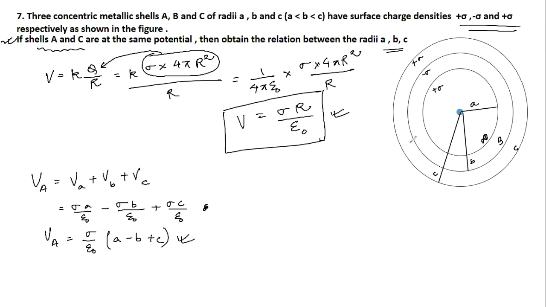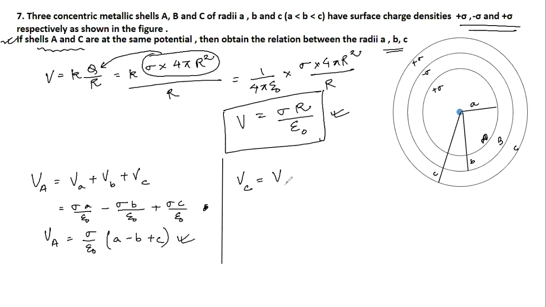Okay. Now we'll be finding our potential at surface C. And remember, when we find potential at surface C, the process is a little different. So if we take this equation into consideration, we will have three different terms, that's for sure.